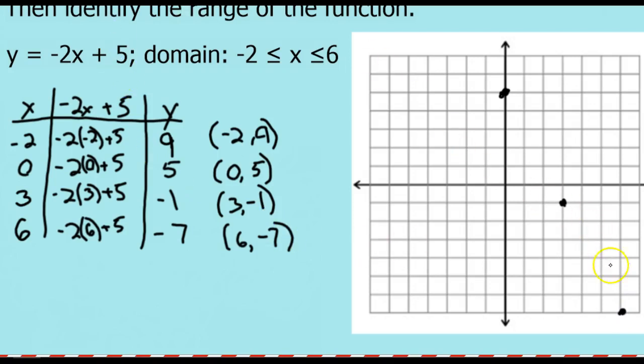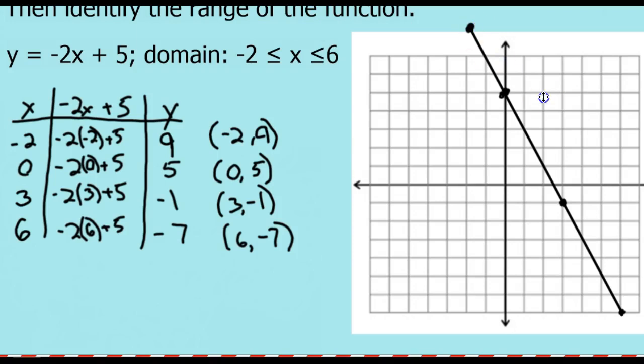Now our line is going to be a line segment this time. So we need to just create a line from this point and then all the way up. Now negative 2, 9 is probably going to be somewhere around here. So our line segment's going to end right there.